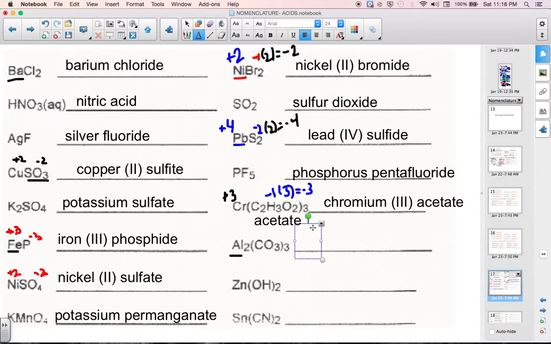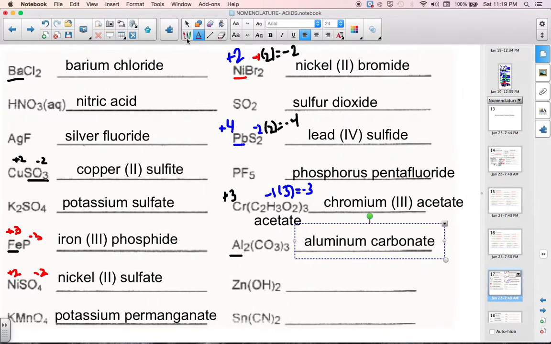I don't have to do any of this figuring out what the charge is because I don't need a Roman numeral for that element. So I'm going to simply write aluminum and CO3. If I look at the back of the periodic table, I know that this is carbonate. So the final name is aluminum carbonate.